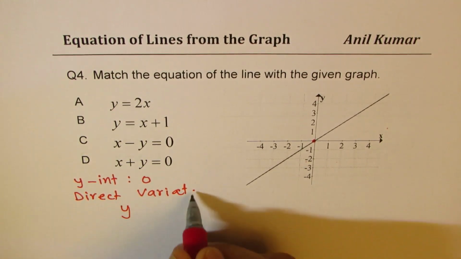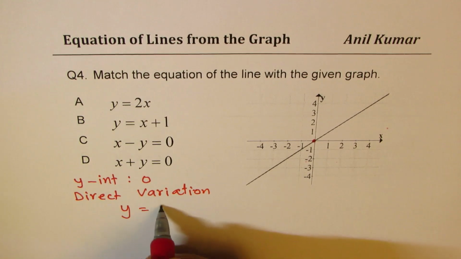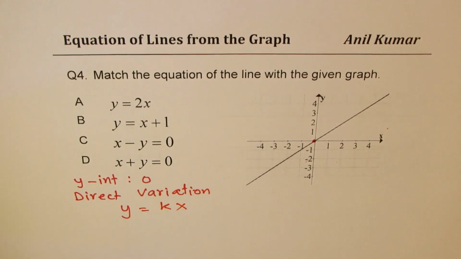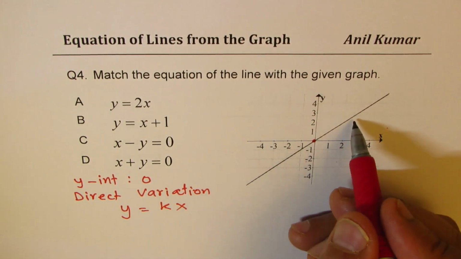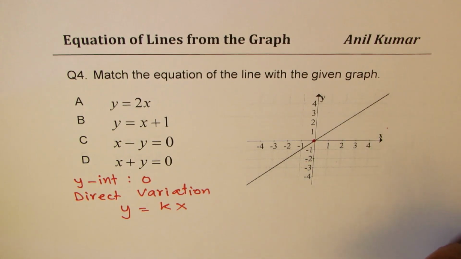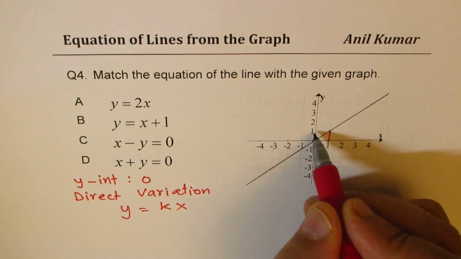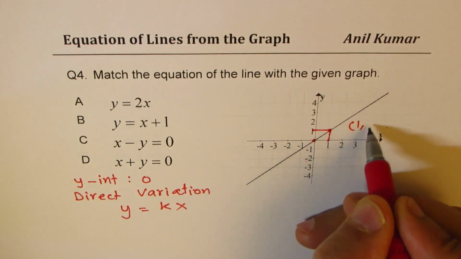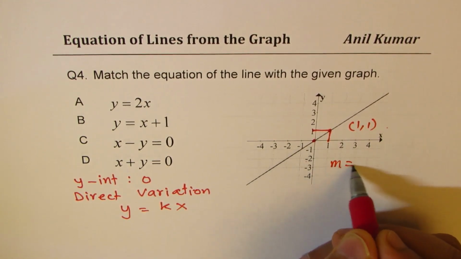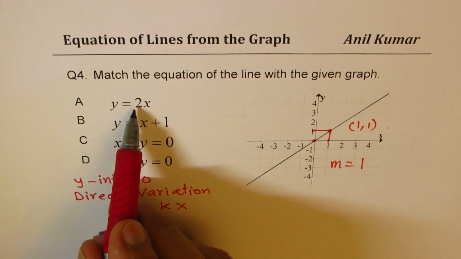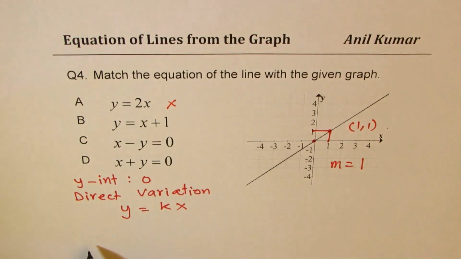We're looking for y equals k times x. So you could actually take a point on the line and check the graph. If I take a point here, this point is (1, 1). That means slope m is 1. Here the slope is 2, so that is not correct.